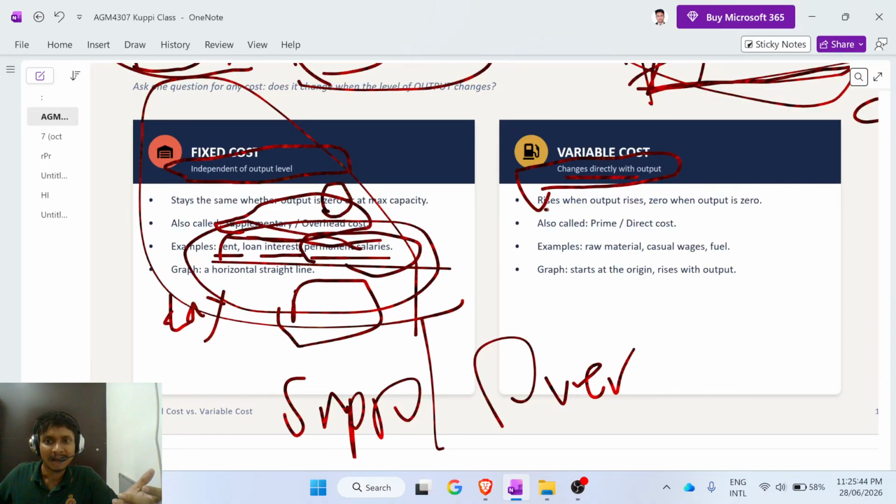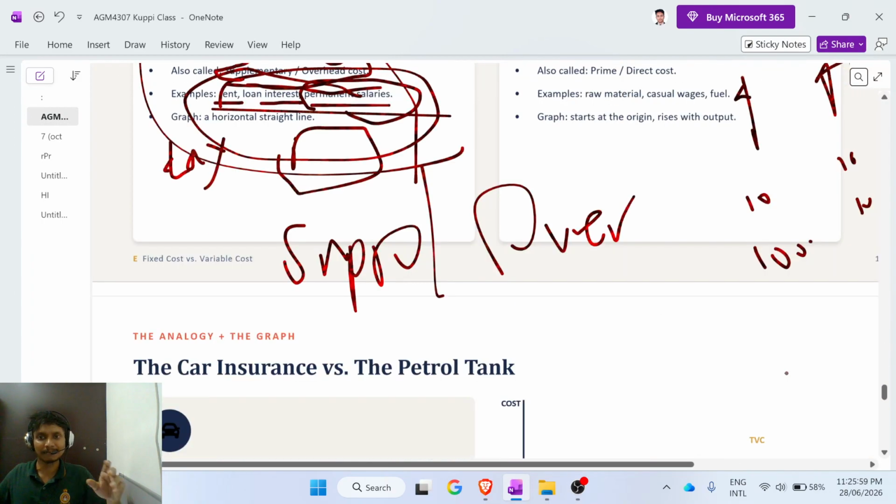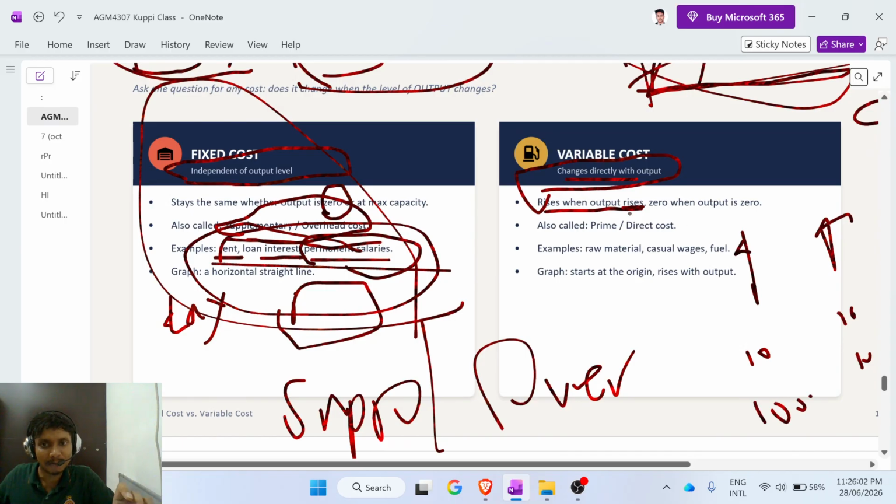It increases when output increases. For 10 roti, only 10 rupees, for example. For 1,000 roti, we need 1,000 rupees. That is the meaning of variable cost.